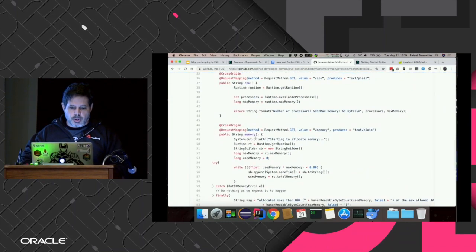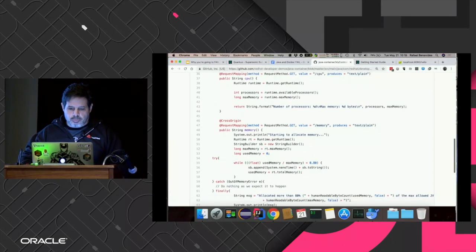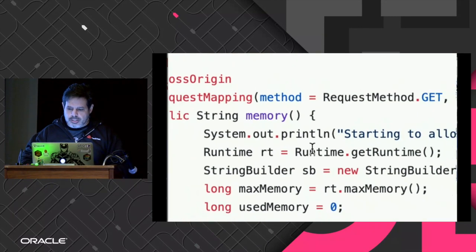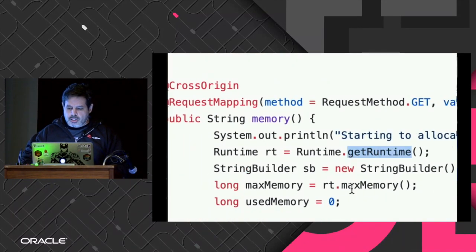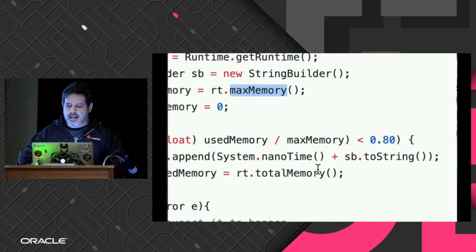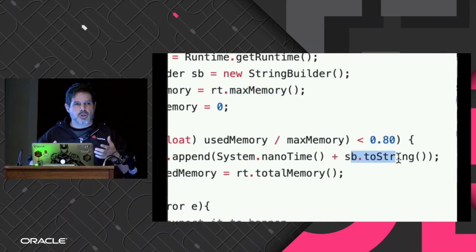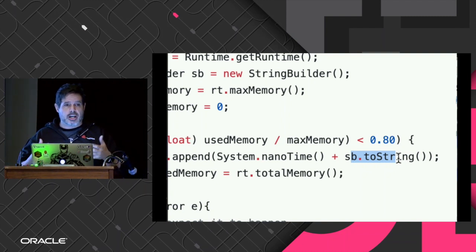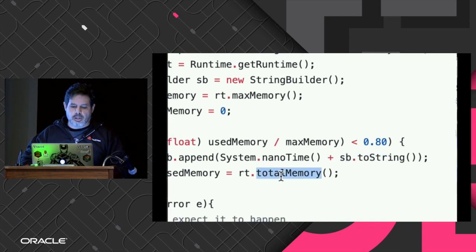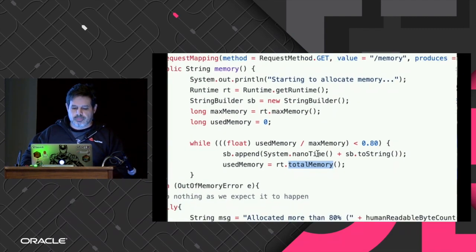One special endpoint will use runtime to get the max memory, and start to create strings. As we know, strings in Java are immutable, and it keeps going until the used memory, so you can see here it loads the total memory, gets less than 80% of usage.